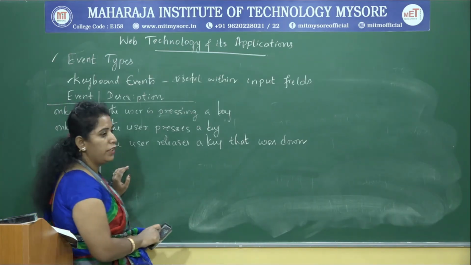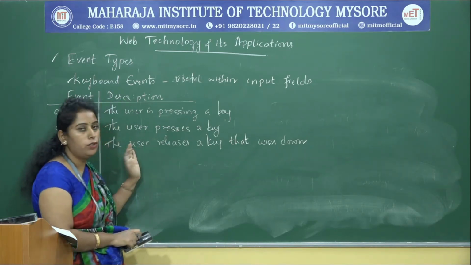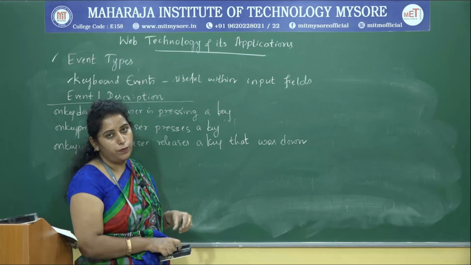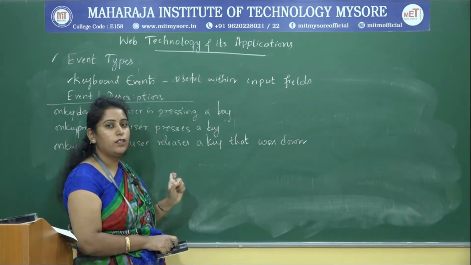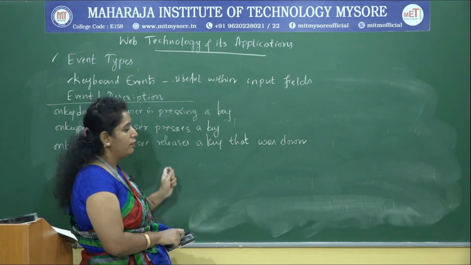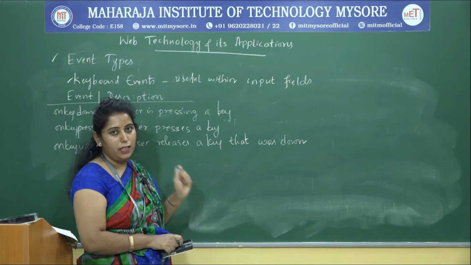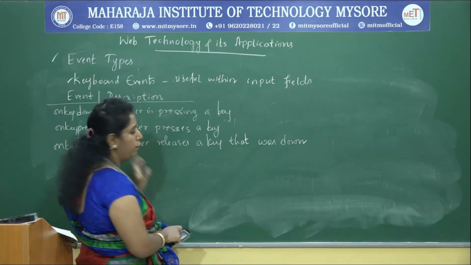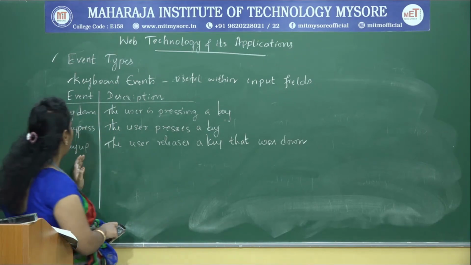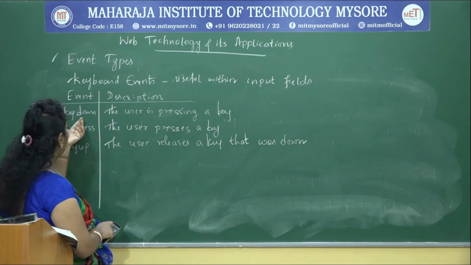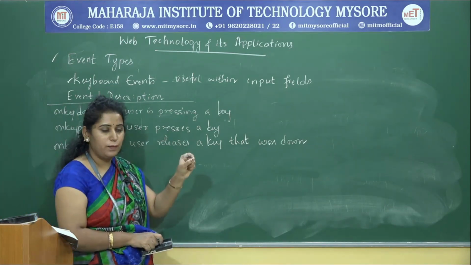So next is about keyboard events. Keyboard events are useful within input fields. We will take up an example on this so that you will have a clear picture about keyboard events. There are certain keyboard events I have listed here. On key down: the user is pressing a key.